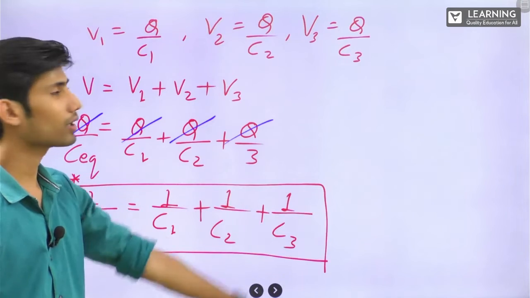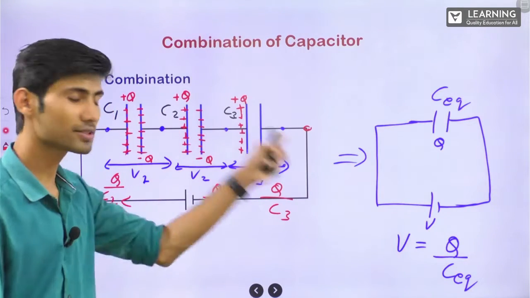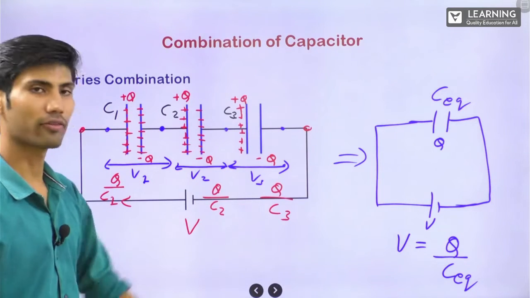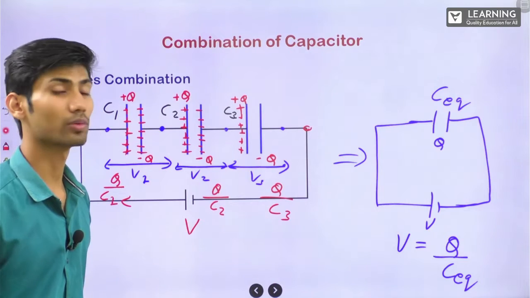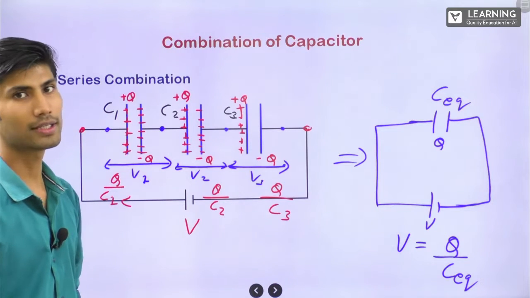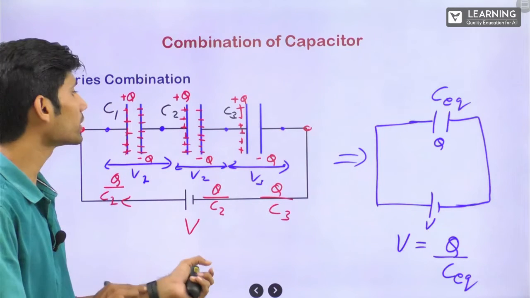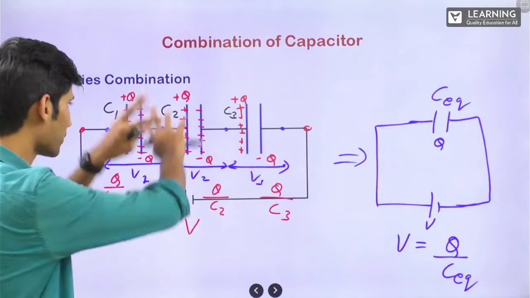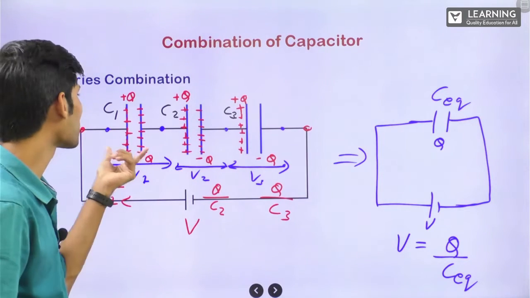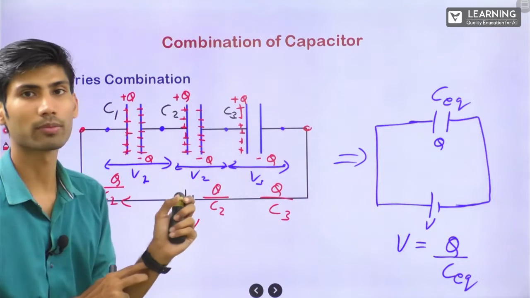Now, what you have to keep in mind: charge is the same, potential is different. V1 is Q by C1, V2 is Q by C2, V3 is Q by C3. But in exams, to reduce your time, I'll give you a formula. Suppose they ask the potential difference across C1 in this kind of circuit.